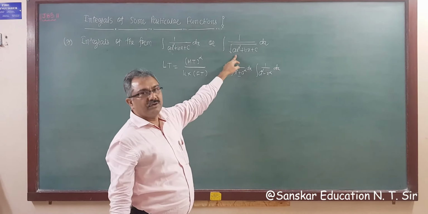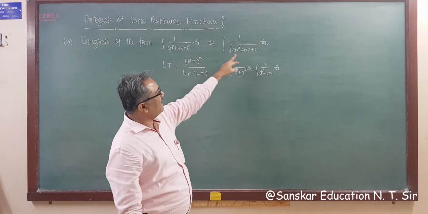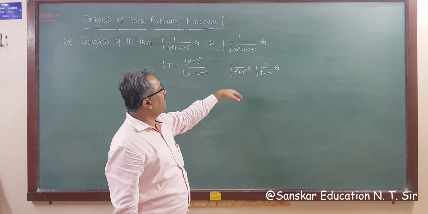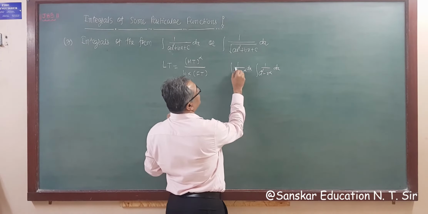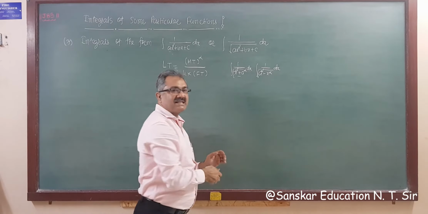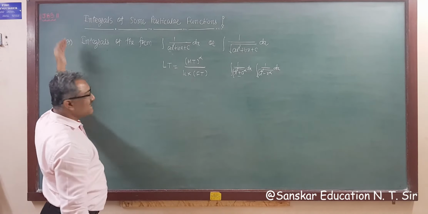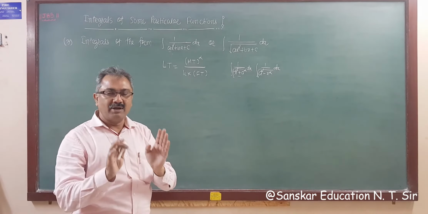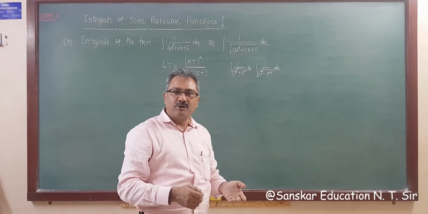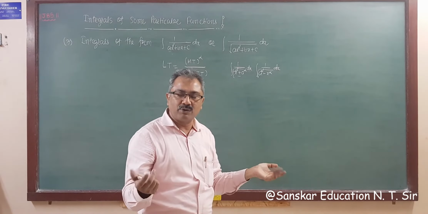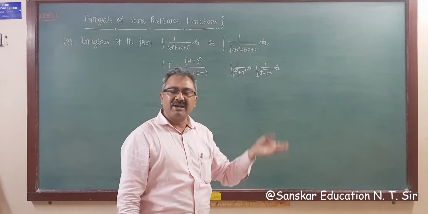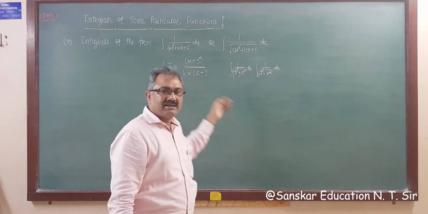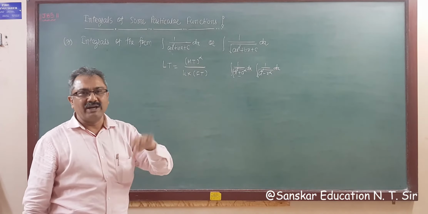If there is a square root, then again the same thing, make it a perfect square by finding out the last term, and then apply any one of these formulas. So the first 6 formulas are applicable here in this type of question. So remember, if it is given in quadratic form in the denominator with square root or without square root, then you have to find out the last term, make it a perfect square, and apply any one formula, right? First six formulas you have to apply there.